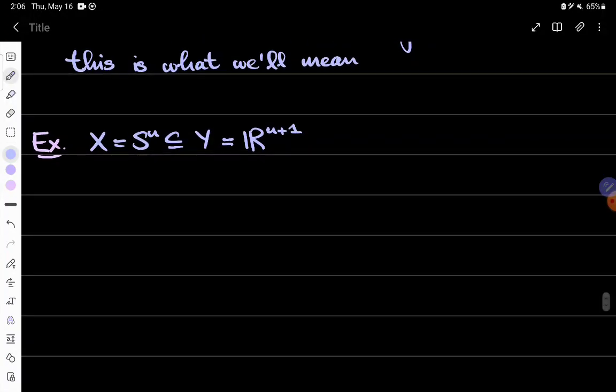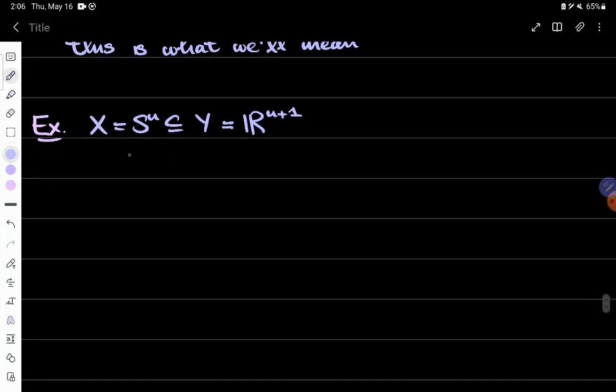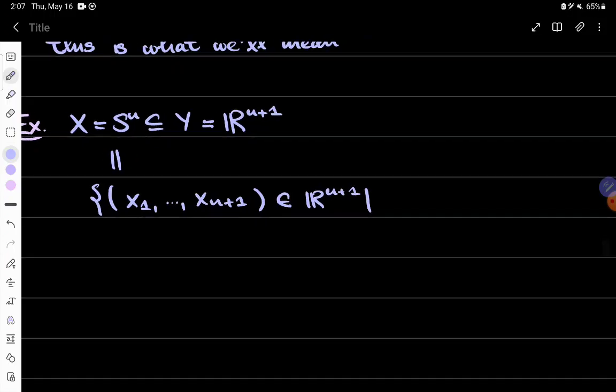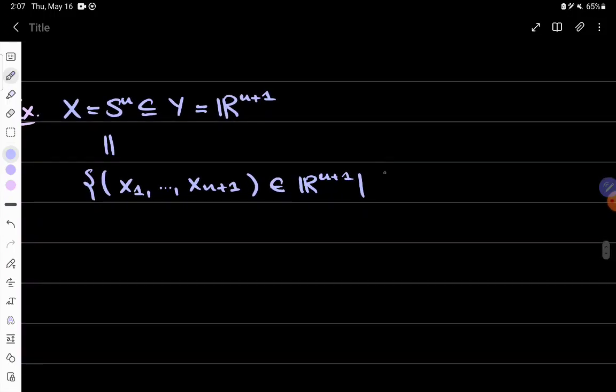And this is given by the n+1 tuples in R^(n+1) such that the sum of their squares, or their norm, is equal to 1.